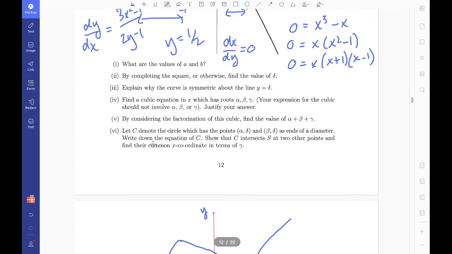What's next? Let C denote the circle which has points alpha delta and beta delta as ends of a diameter. Write down an equation of C. Show that C intersects S at 2 other points and find their common x coordinate in terms of gamma.